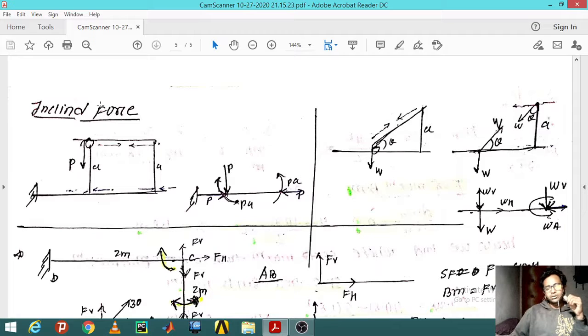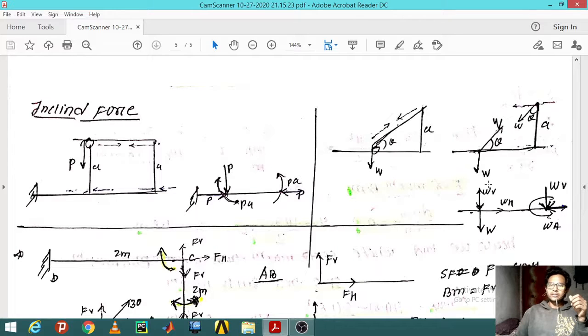This can be reduced to a simply supported beam, and you can draw the FBD.